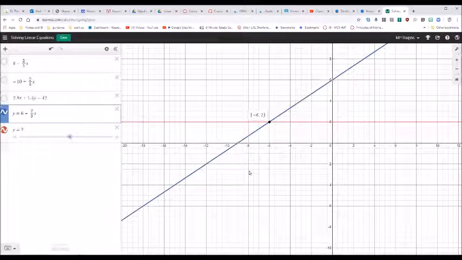Okay, and so that's basically how to graph these and estimate solutions of linear equations when we're given a y value. We just have to draw the horizontal line at that y value, see where the point of intersection is, and then that gives us the x value that corresponds to that solution.